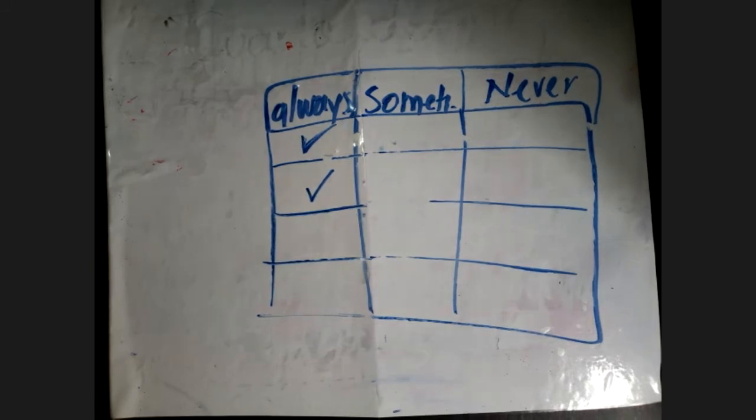Do you know how to solve subtraction problems? Always. And do you know how to check if a subtraction is correct? What do we do to know if a subtraction is correct?